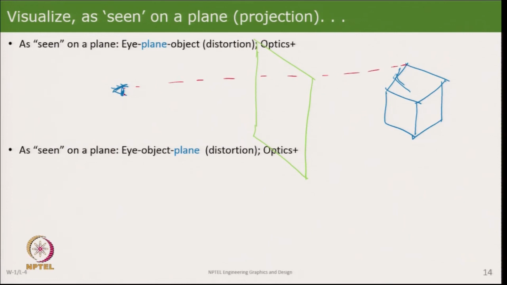Similarly, this line, and by seeing it, what we end up doing is that we make an image of this object, which was 3-dimensional, on the screen, which is 2-dimensional.